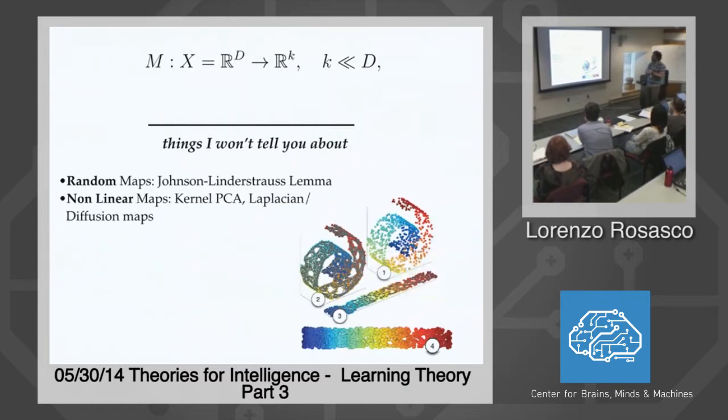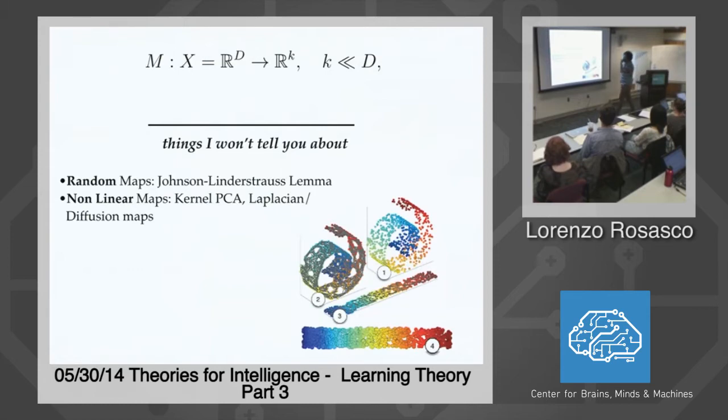And this is a classical question, and one possible answer is the one given by the Johnson-Lindenstrauss lemma, that says that if you take a random matrix, for example, a matrix with Bernoulli or normal Gaussian entries, then you can achieve this with high probability. You can project down the data from dimension D to dimension K, which depends on the number of points and number of dimensions, so that you preserve the distances locally.